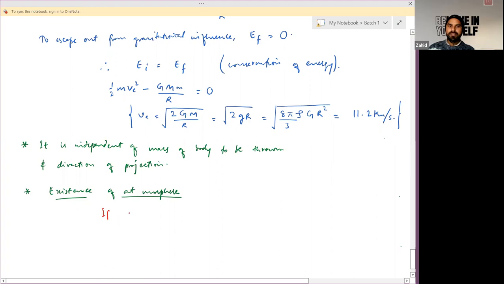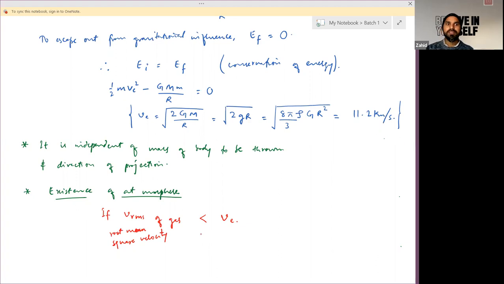So if VRMS, that is root mean square velocity of gas, is less than escape velocity of that particular surface, then this gas will exist in that atmosphere. But if the RMS velocity of gas is greater than the escape velocity of that particular surface, it may escape out from that atmosphere.